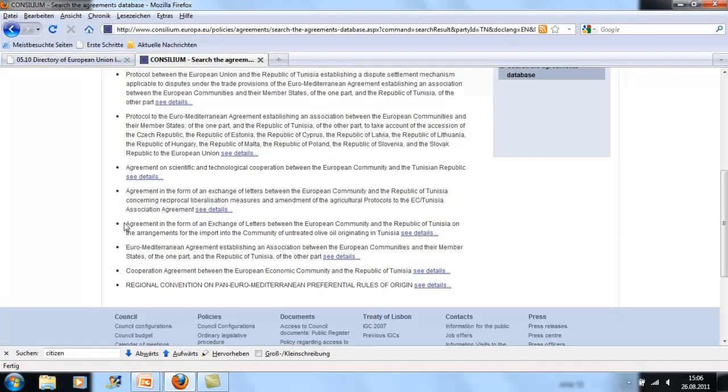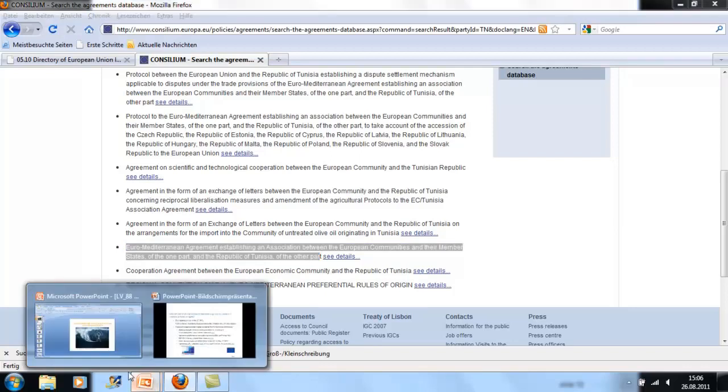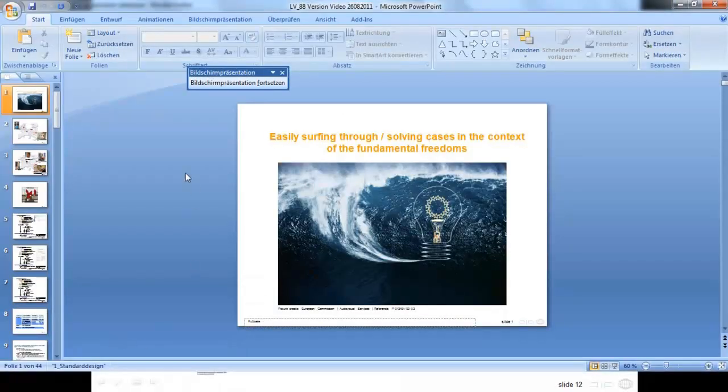So, for example, a Tunisian citizen can try to derive certain rights by relying on the Euro-Mediterranean Agreement establishing an association between the European Communities and their member states on the one side and the Republic of Tunisia on the other side. So now you know, and therefore let's get back to our checklist.